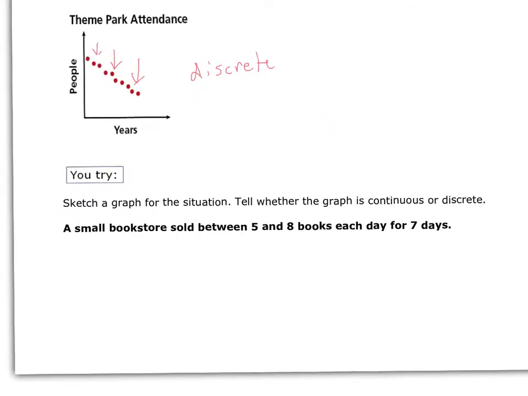All right, so it says sketch a graph for the situation. Tell whether the graph is continuous or discrete. We want to go ahead and make a graph that represents the situation.